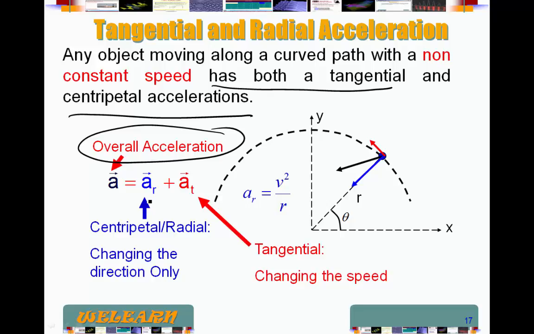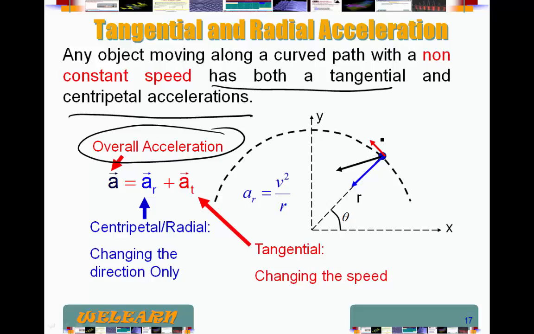A sub r, the centripetal acceleration. A lot of people would write it a sub c for centripetal, and it's all right either way. And a sub t for tangential acceleration. The centripetal acceleration, what I wrote here in blue, is responsible for changing the direction, and the tangential acceleration, which is going to be either parallel to the velocity or opposite to the velocity, is going to be responsible for changing the speed.